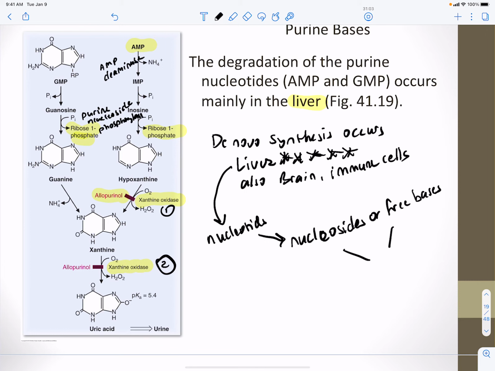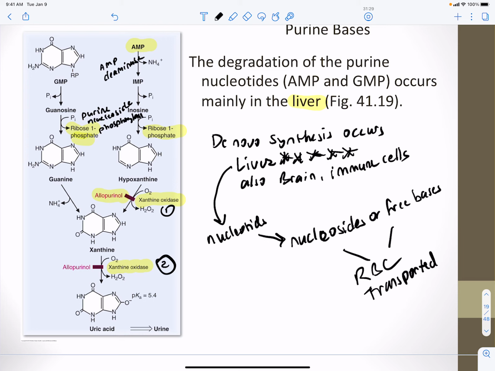And these are going to be picked up by your red blood cells and transported. And why you use red blood cells is because red blood cells go everywhere. So cells that are even at the ends of capillaries into your different tissues will get access to this nucleoside or free base pool.